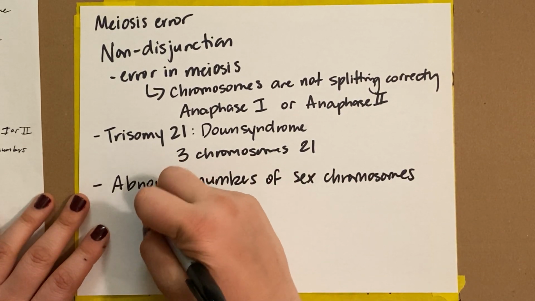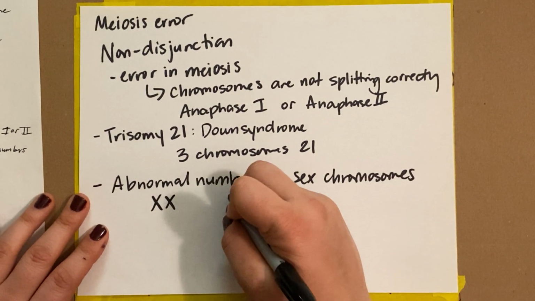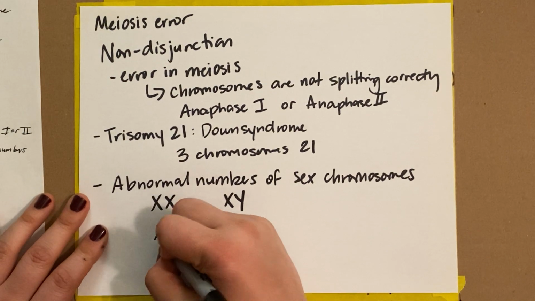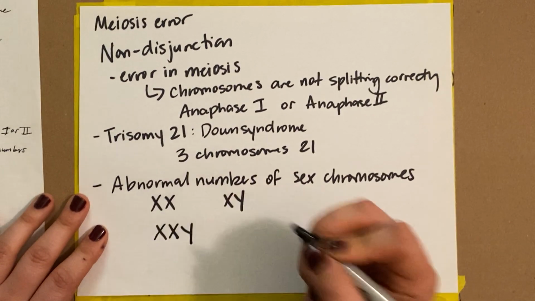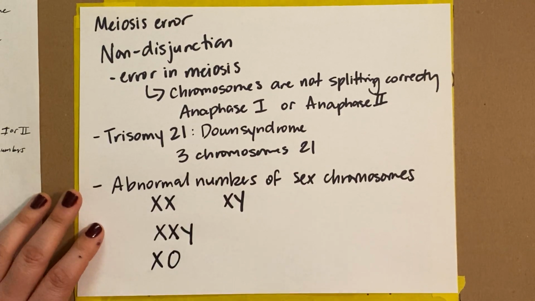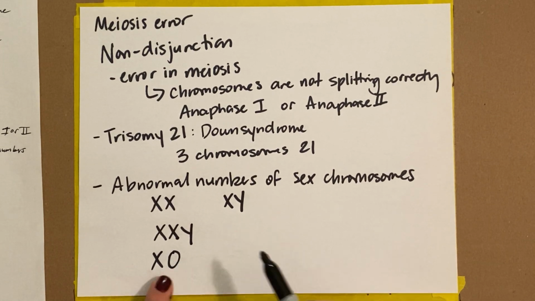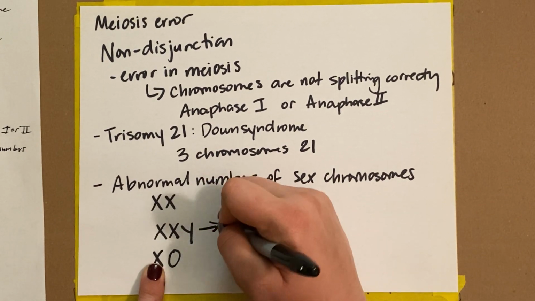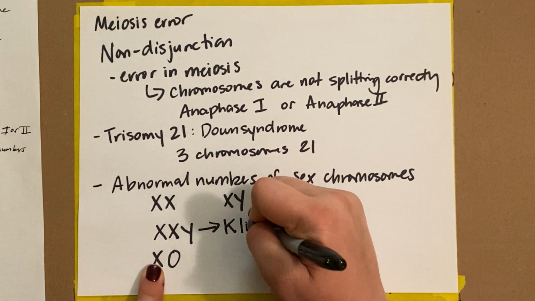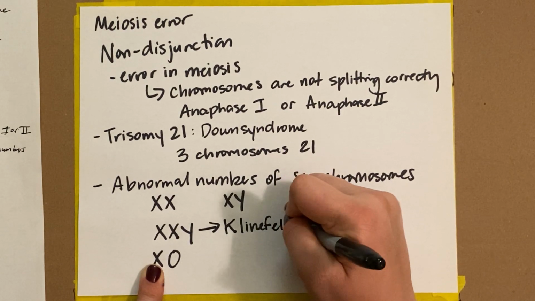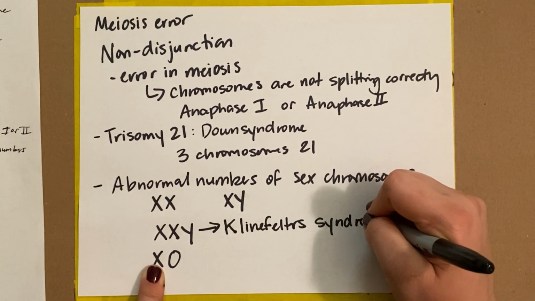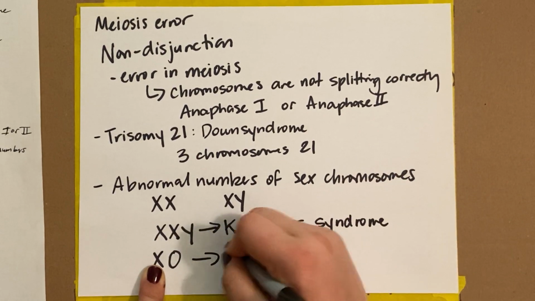The normal for female is XX, the normal for male is XY, but there are a couple of times where you can have XXY and XO, and this actually means that there is no X or Y, so they only have one X. XXY is called Klinefelter's syndrome, and XO is called Turner's syndrome.